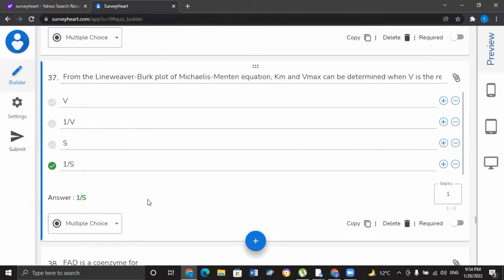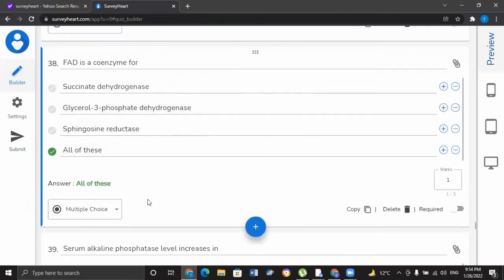So the correct option for MCQ number 37 is B, 1/s.